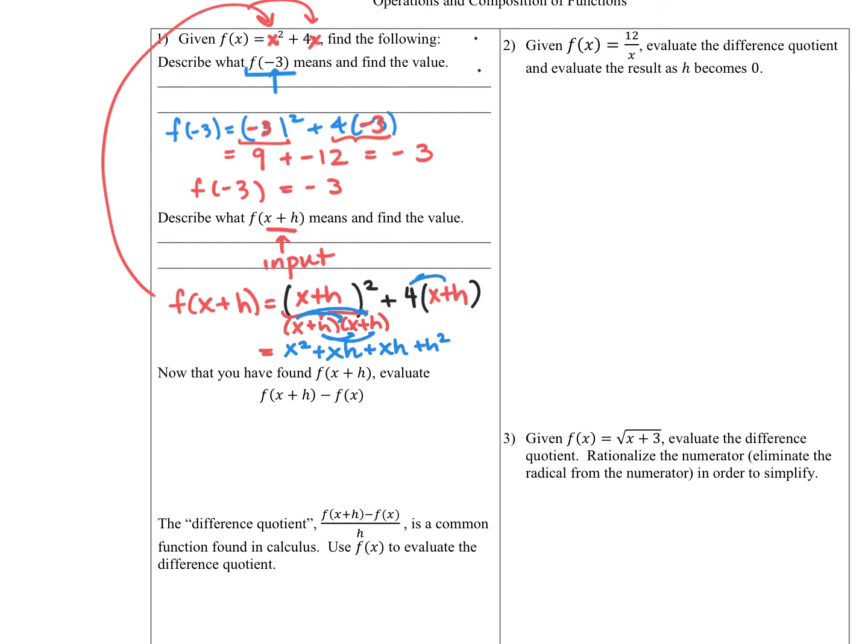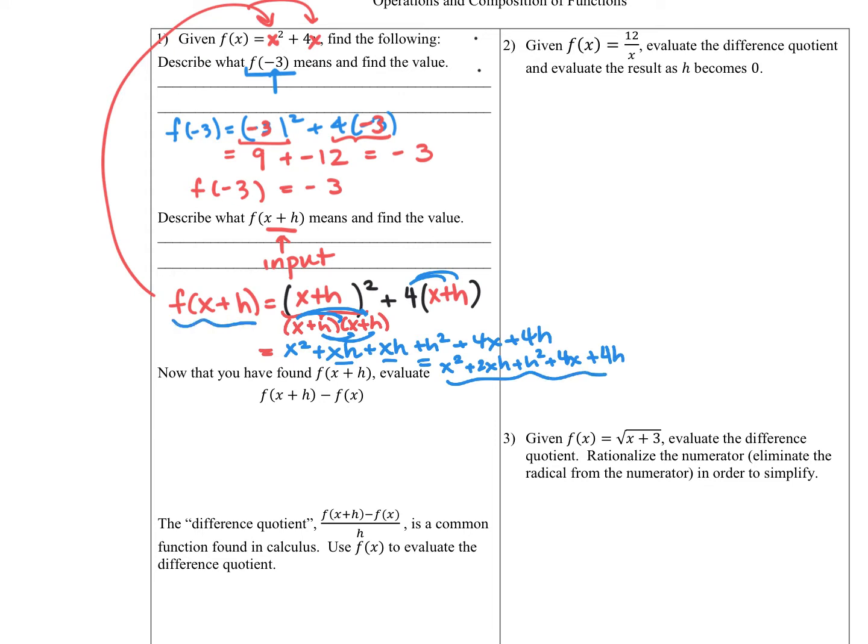Then we'll distribute 4 times x and 4 times h. So if we simplify all of that, it looks kind of a mess. The only things that can really go together, like terms, are xh, xh. So we're going to have x squared plus 2xh plus h squared plus 4x plus 4h. Okay, so that right there is f of x plus h.